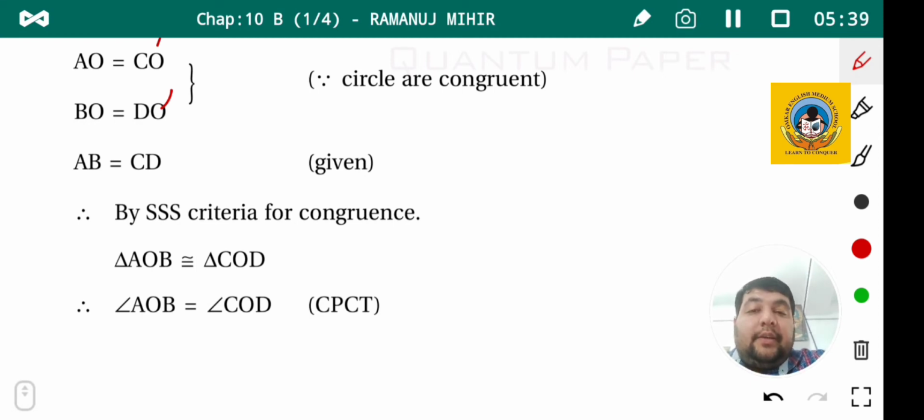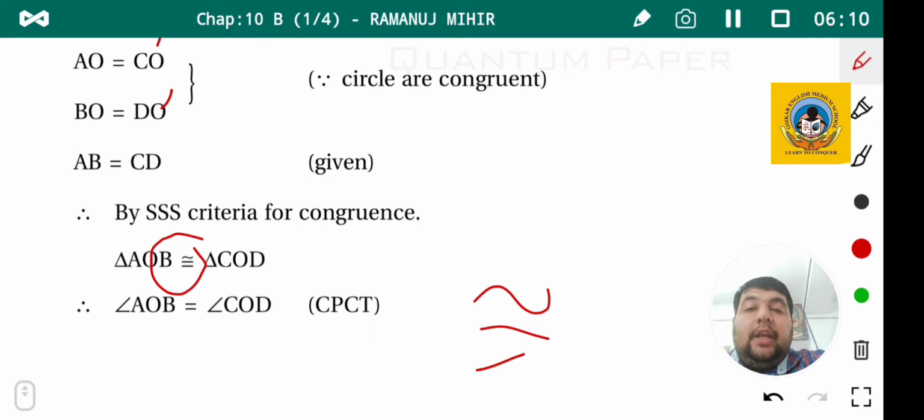By using that criterion, we can say that triangle AOB is congruent to triangle CO'D. See, this sign is used for congruence: an equal to sign with a small sign on top, known as the congruent sign.